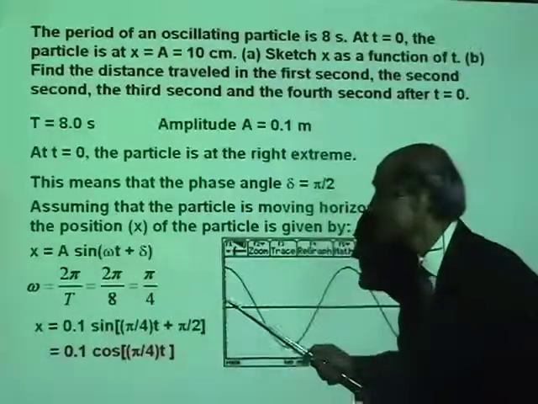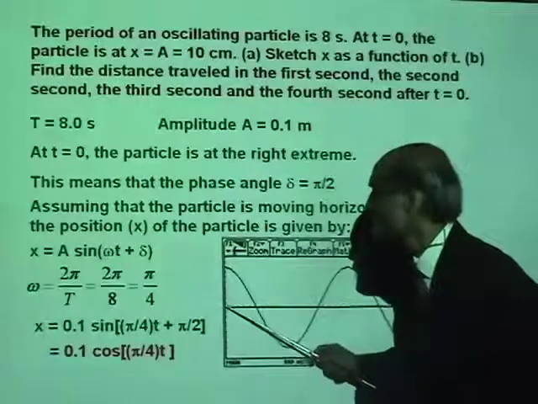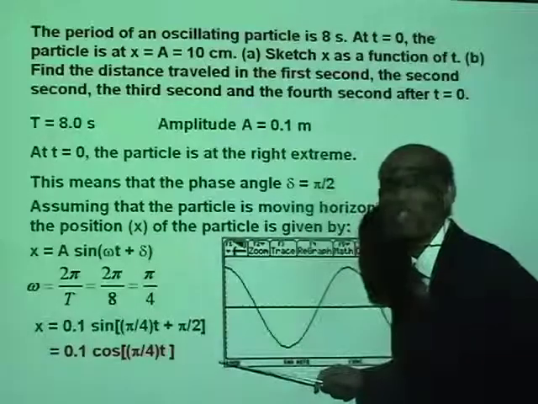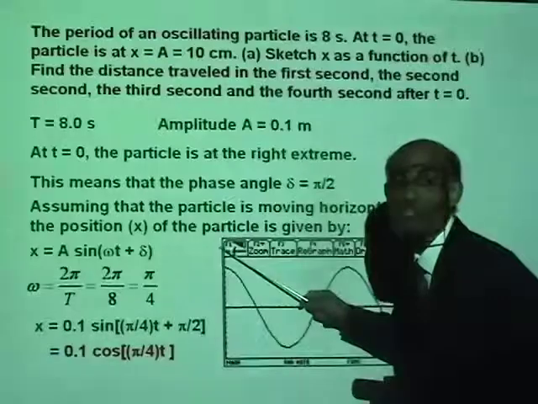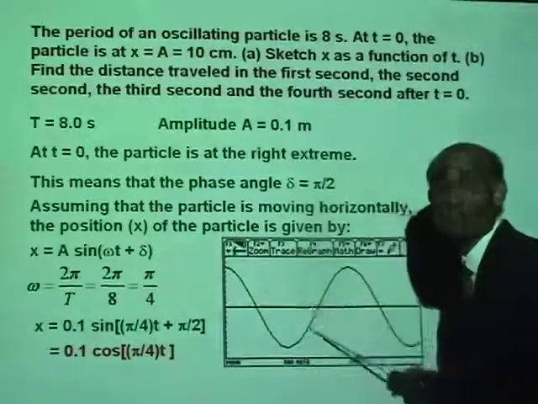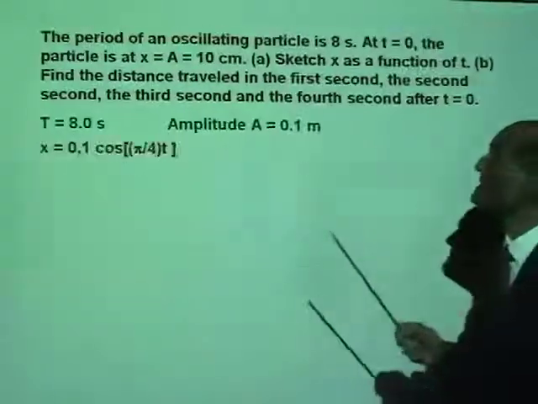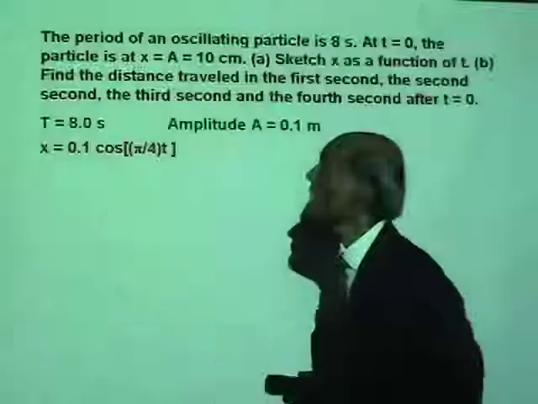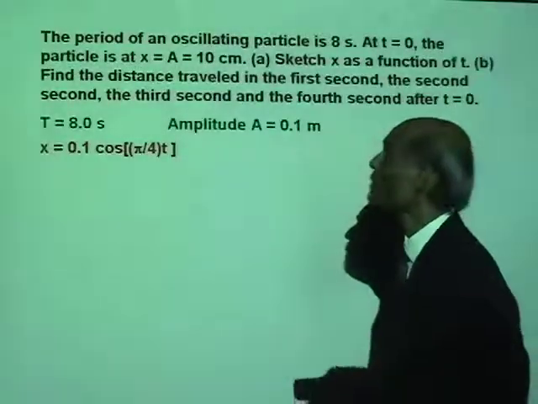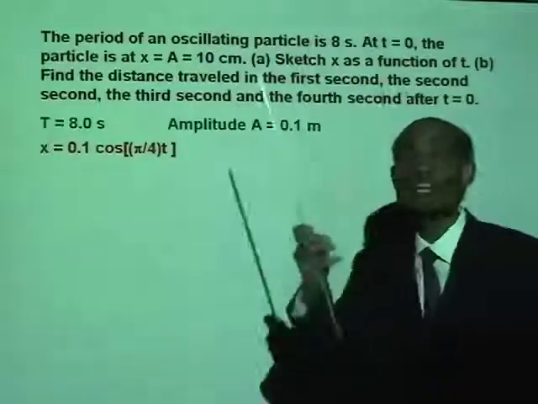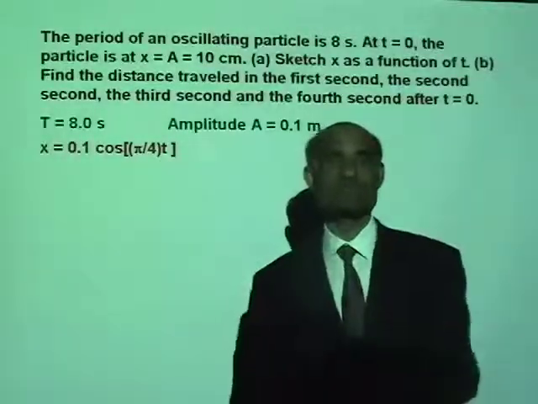Therefore, you must take the y scale from negative 0.12 to positive 0.12, and you can see the graph will be traced out. Alright, so x equals 0.1 cos pi by 4 t is the position function.